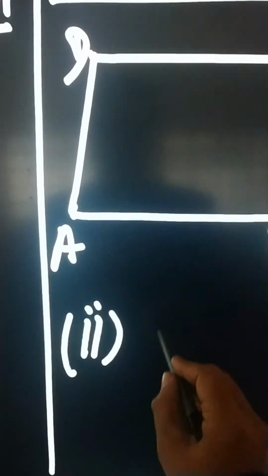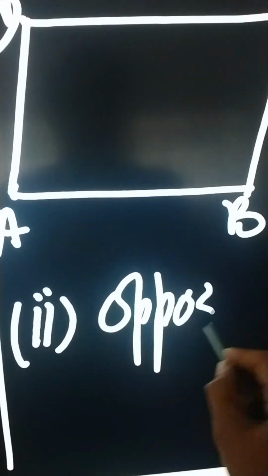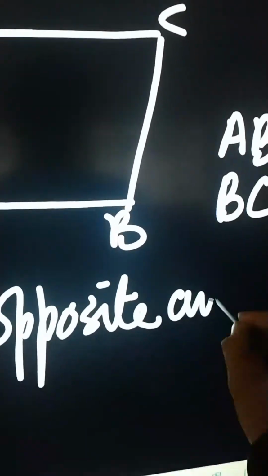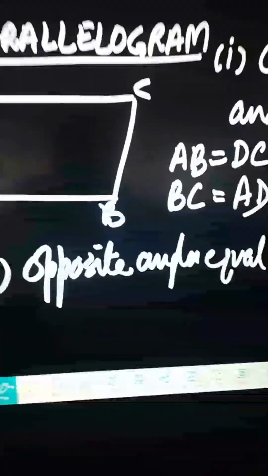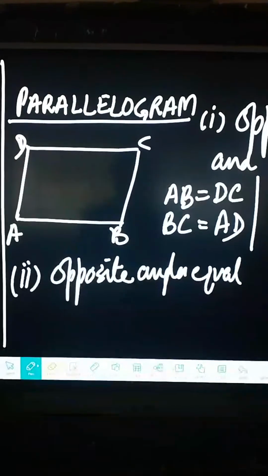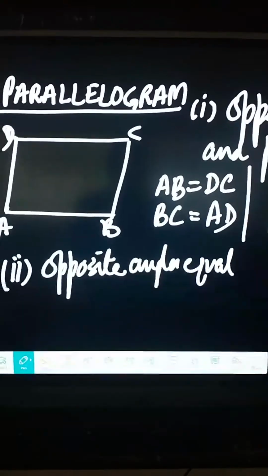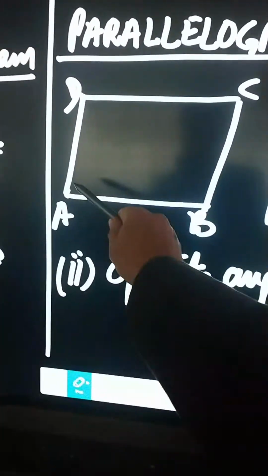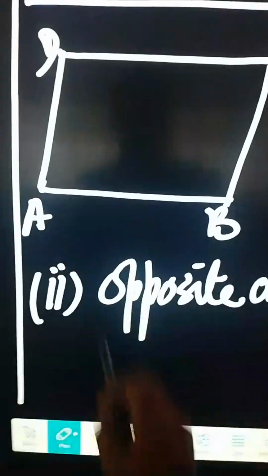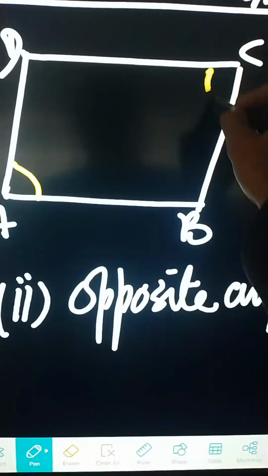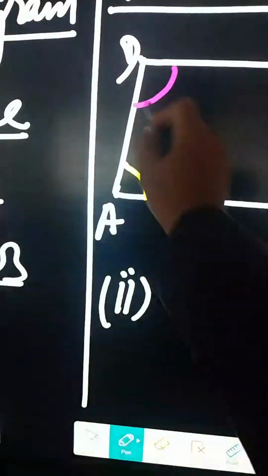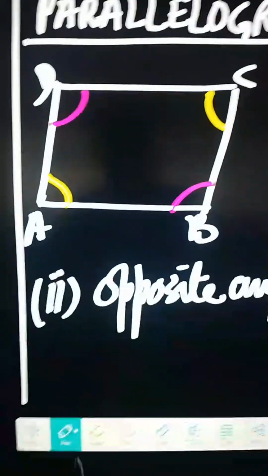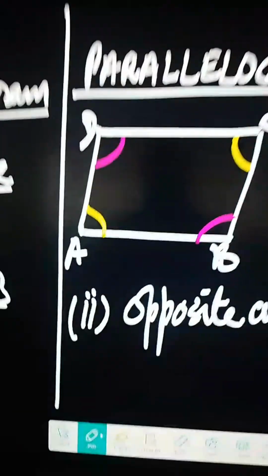A parallelogram has its opposite angles equal. Opposite angles mean angle A is equal to angle C, and angle D is equal to angle B. So these are the two angles.